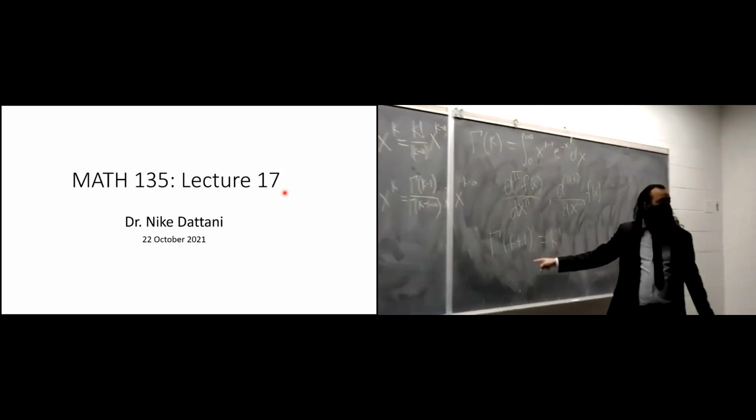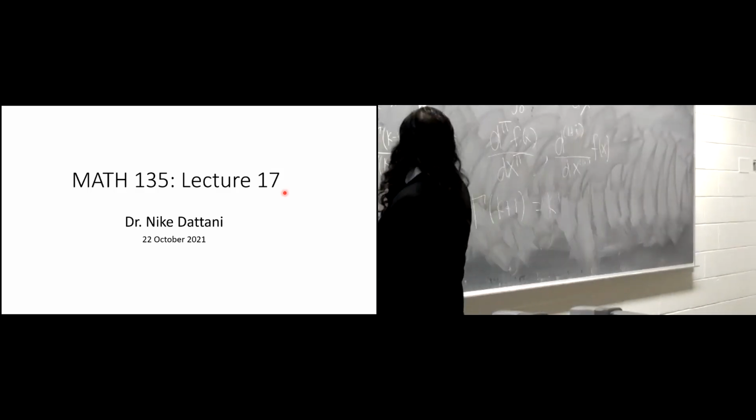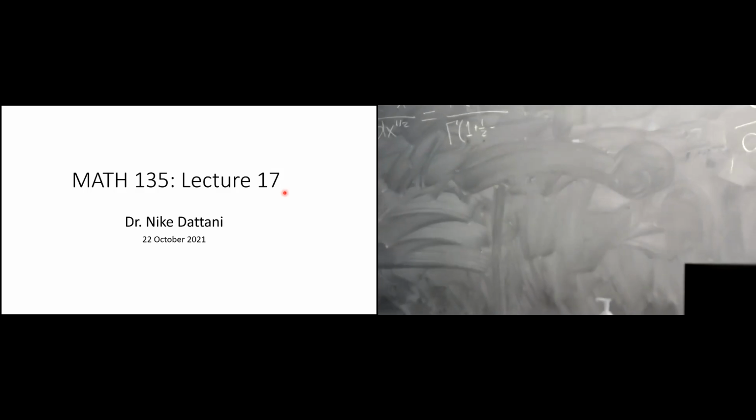I think I wrote down first that k factorial is equal to gamma of k plus 1, right? So I made a mistake here. That's k plus 1 minus a, right? I should have double checked that. So this should have been k plus 1, and k plus 1 minus a.